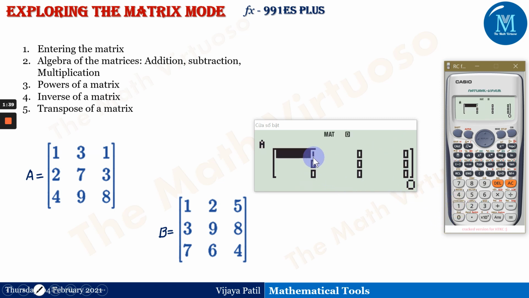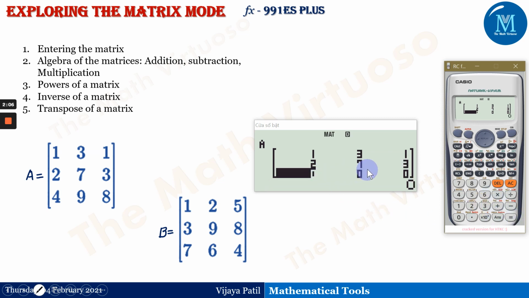After putting 1 here, I have to enter 1 3 1. So 1 equals, 3 equals, 1 equals. We have entered the first row, that is 1 3 1, in matrix A. Then the second row is 2 equals, 7 equals, 3 equals.